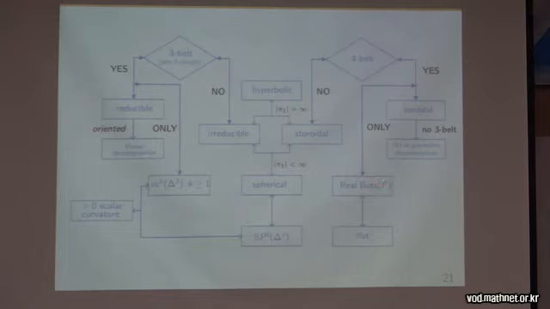And if it is irreducible and atoroidal, then by Perelman's or Thurston's result, if and only if it is hyperbolic with finite volume, and if it has a finite fundamental group, then it is spherical, and in this case it is RP3.